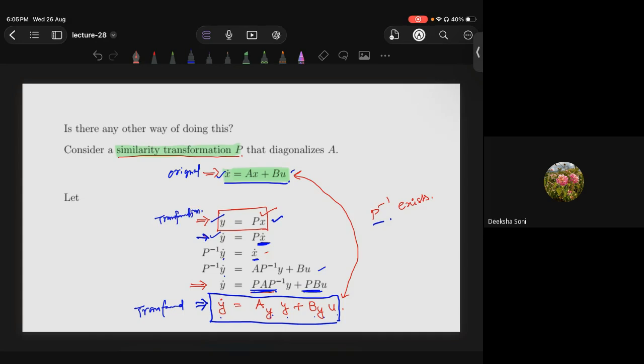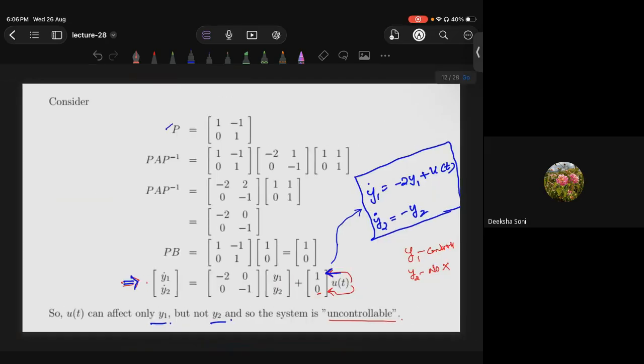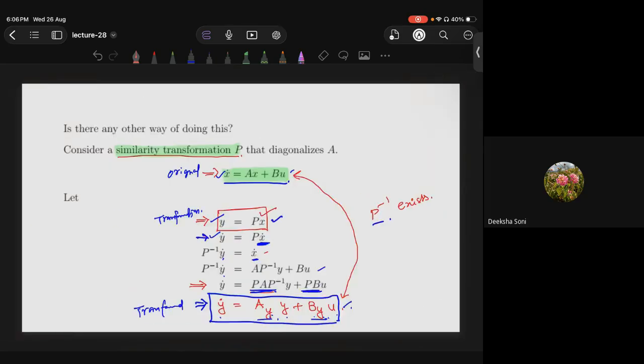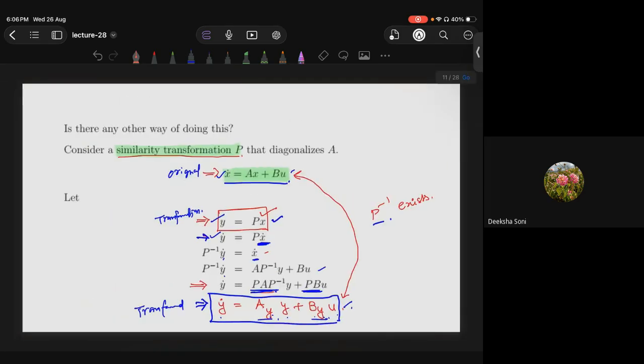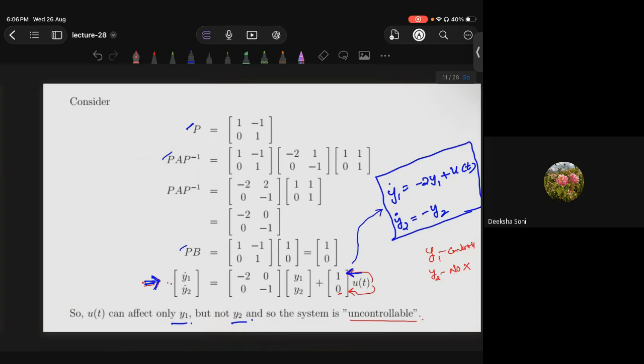Let us say P is some matrix; find this Ay and By. P is a matrix whose inverse exists, because we need to take the inverse in this term. So Ay is P A P inverse, then PB. So this is the equation y dot is equal to Ay plus Bu.